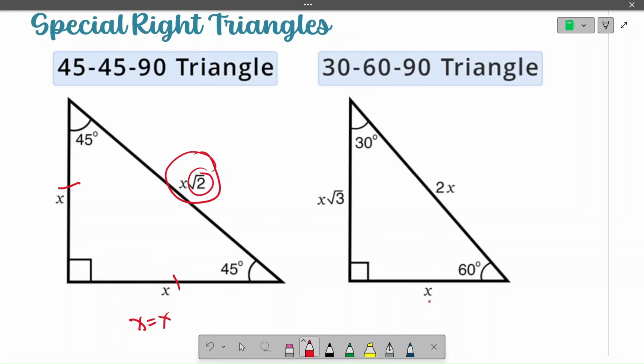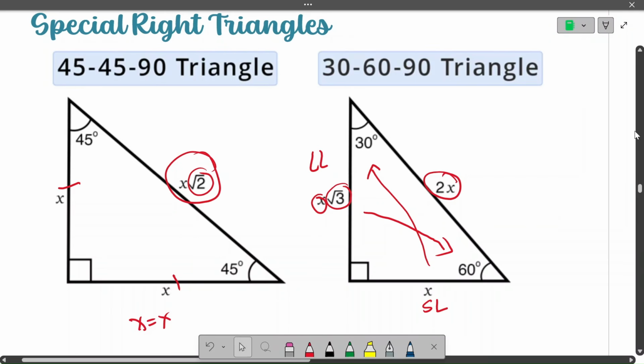So if this is our base, then this is the shorter leg, because it's opposite or facing the smaller angle. Hypotenuse, on the other hand, will always be twice the size of our shorter leg. And the longer leg naman, which is always facing the bigger angle, will be the base times the square root of 3. Ayun, we're done.